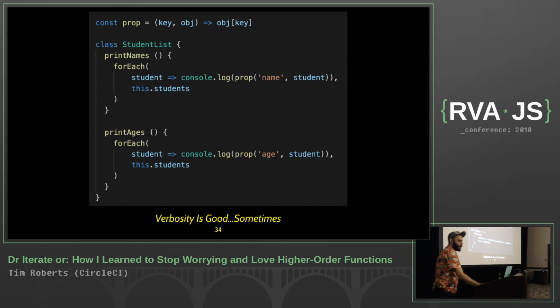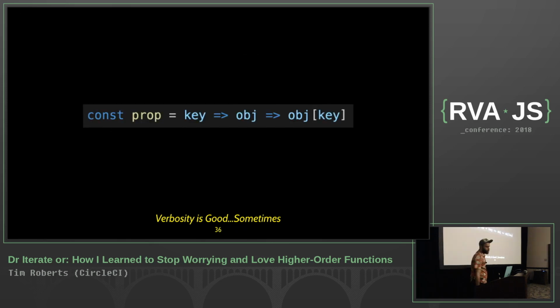We could rewrite prop as that. So now, instead of me taking the key and the object at the same time, I use closure, I use scope to say, no, no, no, no. I know my key right now. I know I want the name. I know I want the age. I don't know what object that is yet. I don't know what memory location that is held at yet.